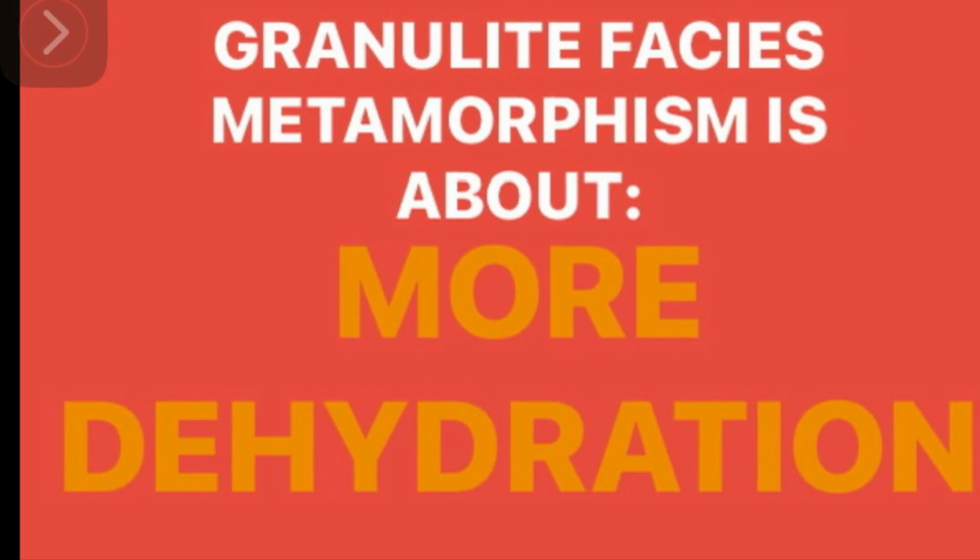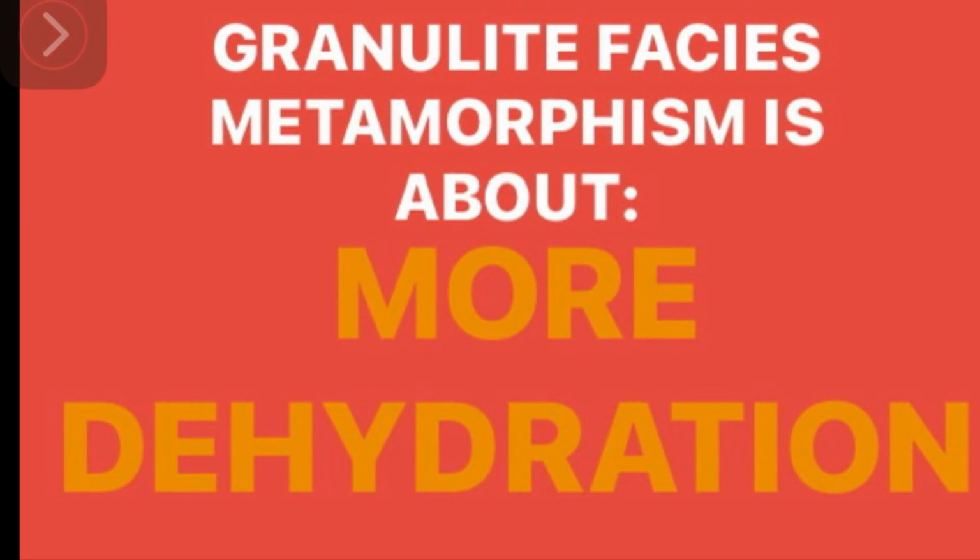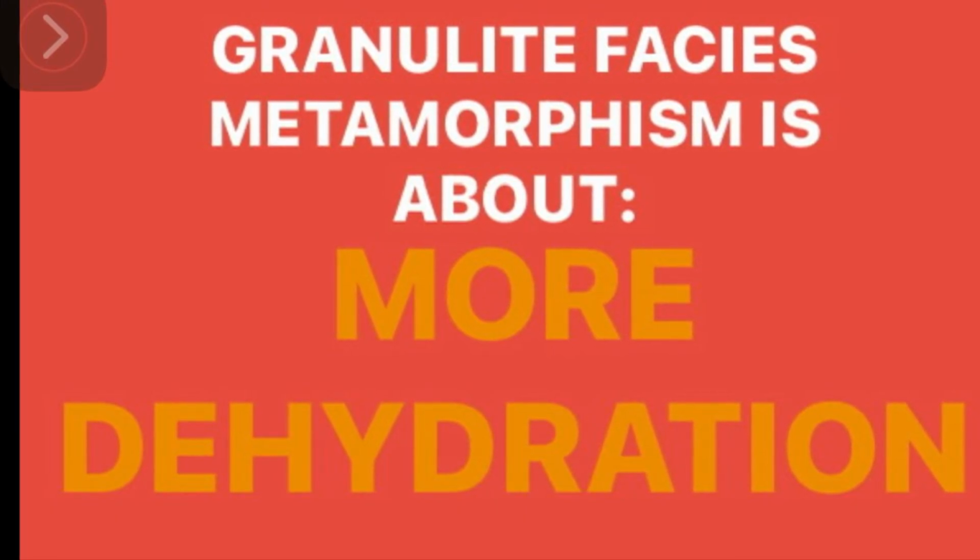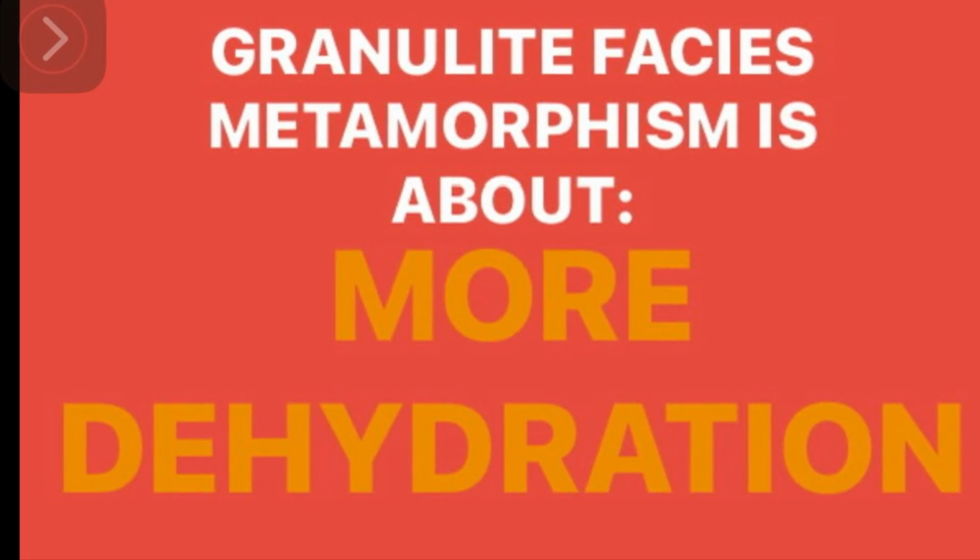And finally, Granulite grade or facies metamorphism is about super dehydration. No hydrated minerals can stand this facies of metamorphism. So you get only anhydrous minerals and big crystal growth.